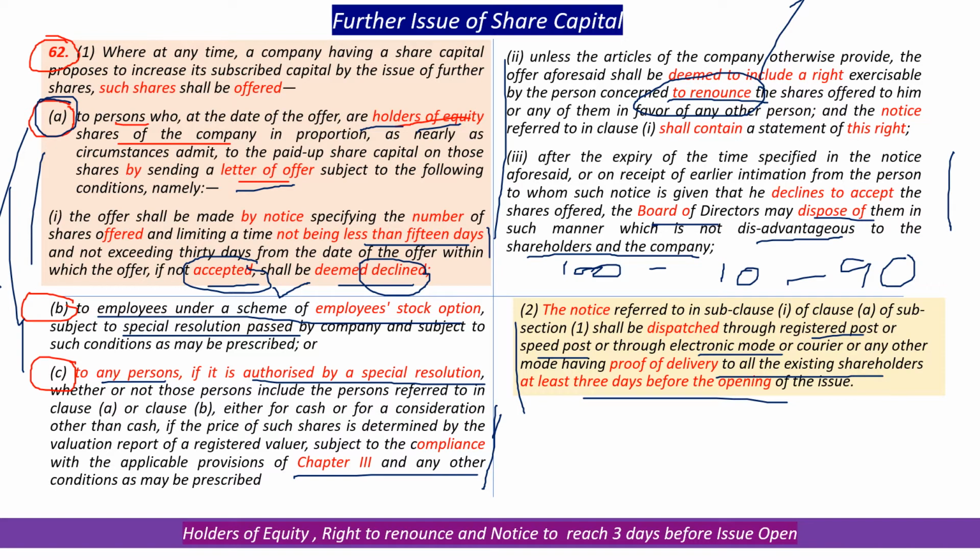Second set is pertaining to the offer made to employee stock option. Third one is an offer which could be made under a regular prospectus for cash or for consideration other than cash, complying with the requirement of Chapter 3.